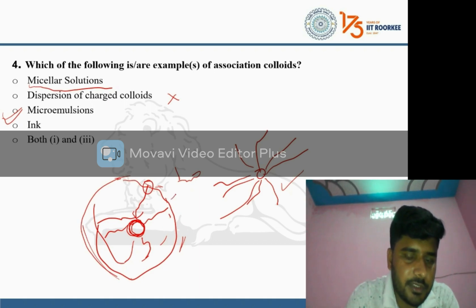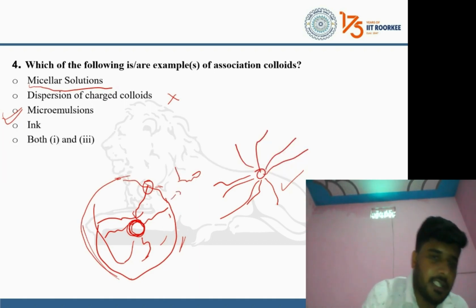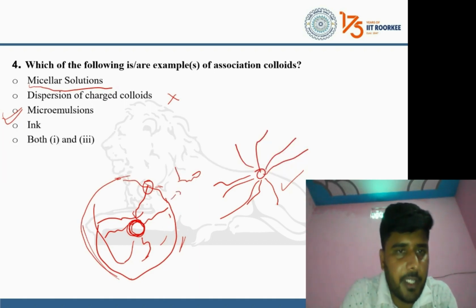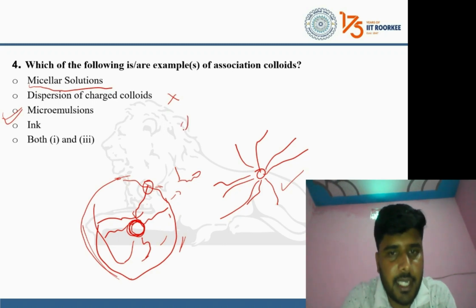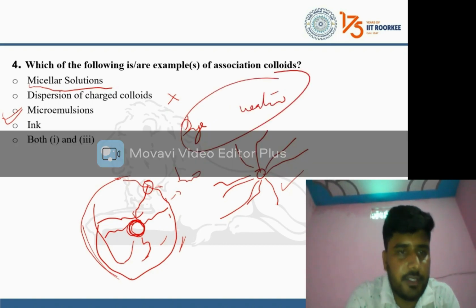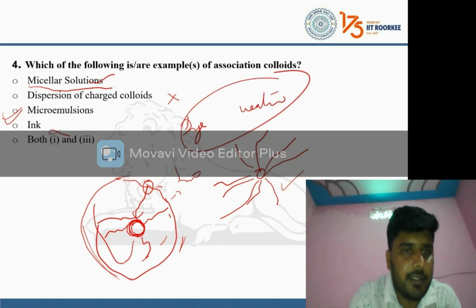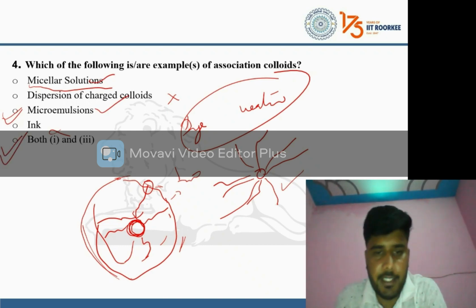So it is stabilized like that. This type of mixture is called a microemulsion. Ink is basically a dye dispersed in water, so this is not an association colloid. So the first, third and fourth options will be the right answer.